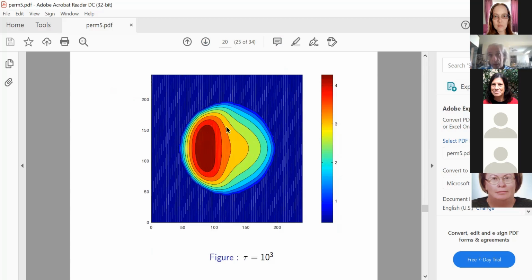We see that under the action of the surface tension, the liquid in the droplet moves to the cold direction, and we see here that there is a lot of fluid on the left-hand side and much less on the right-hand side.